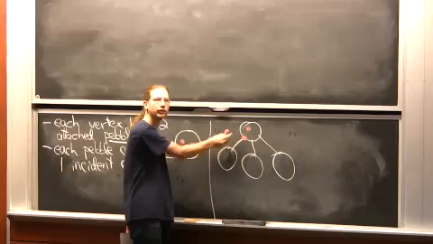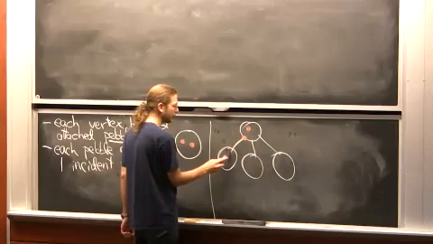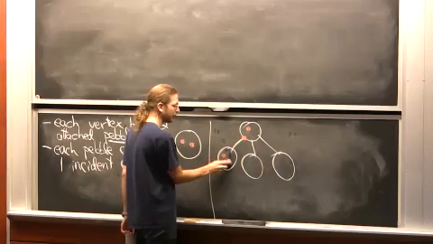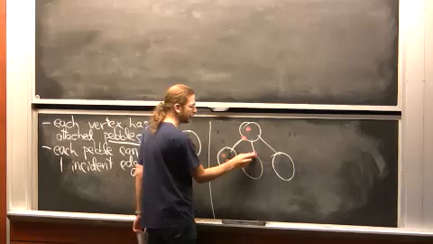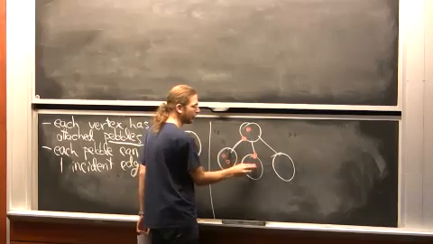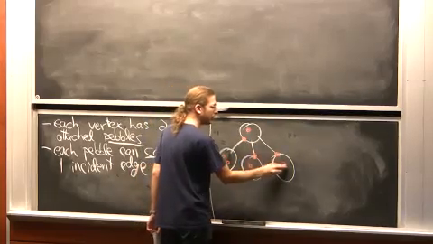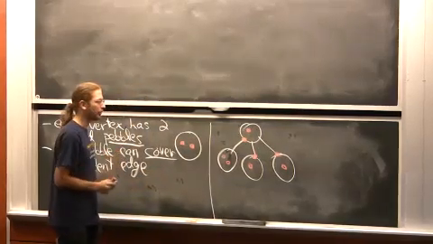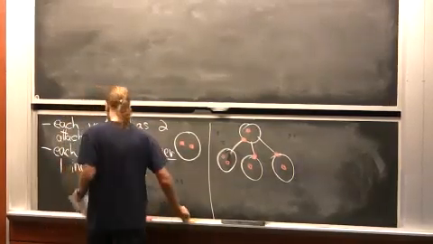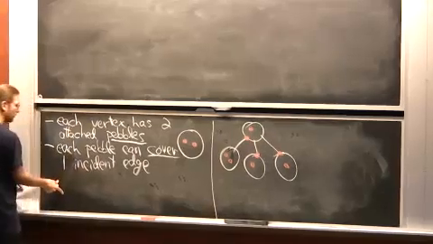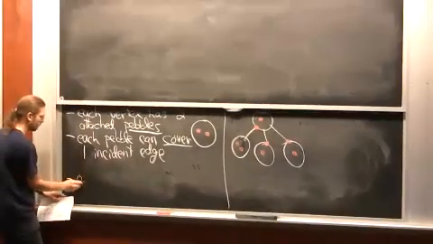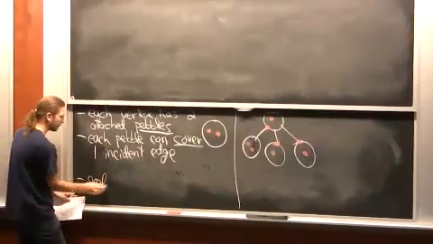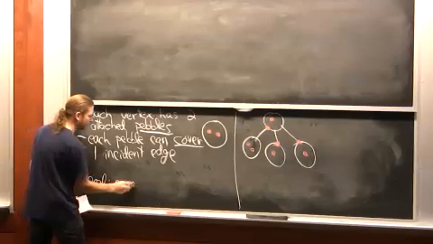Pebbles cannot change vertices. They have to stay kind of local. These two pebbles could just stay where they are. Here we could put one pebble here, another pebble there, one pebble here, one pebble here. This is what I call a pebble cover because every edge is covered by some pebble. And that's sort of the goal in a pebble cover, to cover every edge.